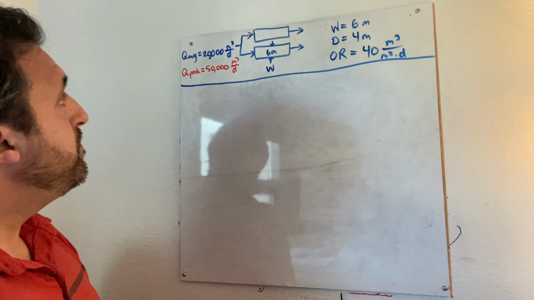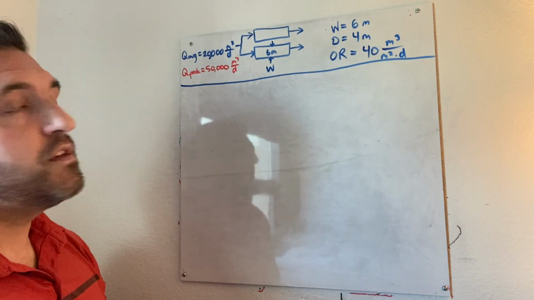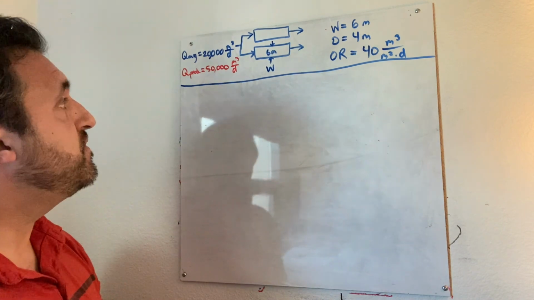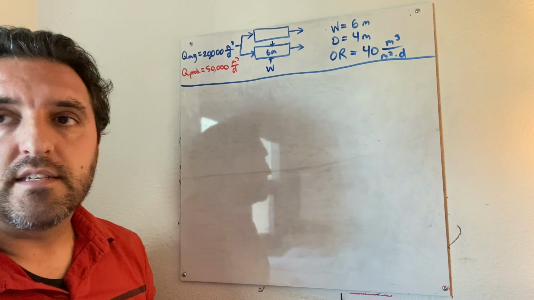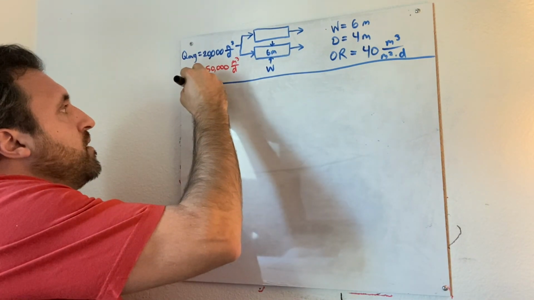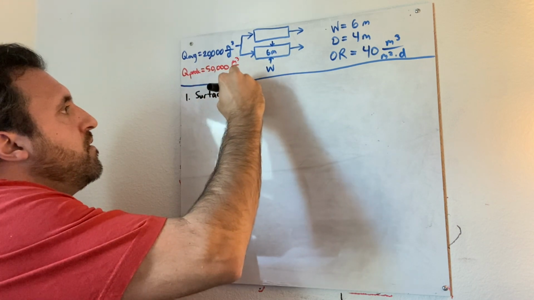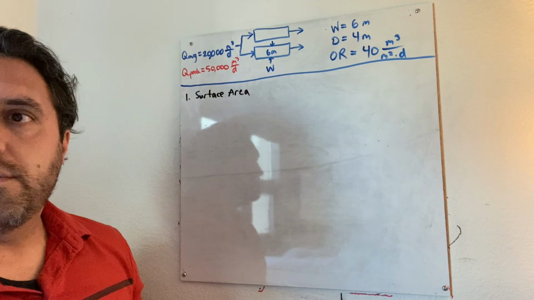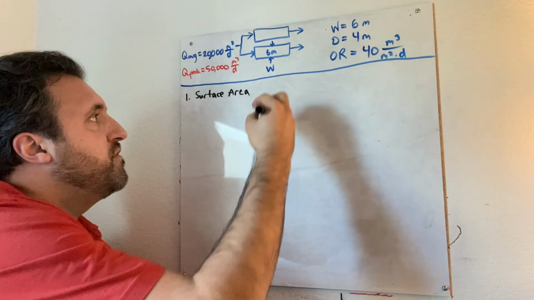Now we're told that the average flow rate for this system is 20,000 cubic meters per day, and the peak flow rate is 50,000 cubic meters per day. So the first step to design these clarifiers is to calculate the required surface area. Let's start with the average flow conditions. We do that using the overflow rate.